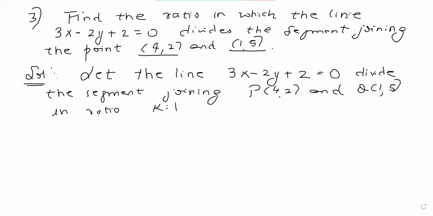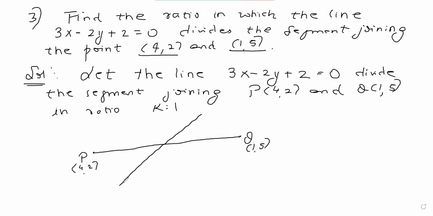If I draw a diagram, this is P (4, 2), this is Q (1, 5), and let's say there is a line which divides it in the ratio k is to 1. The equation of this particular line is, let's say, 3x - 2y + 2 = 0.